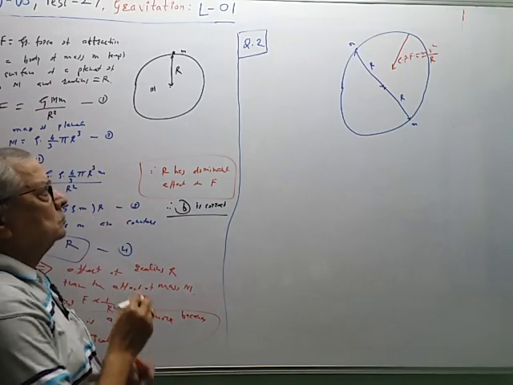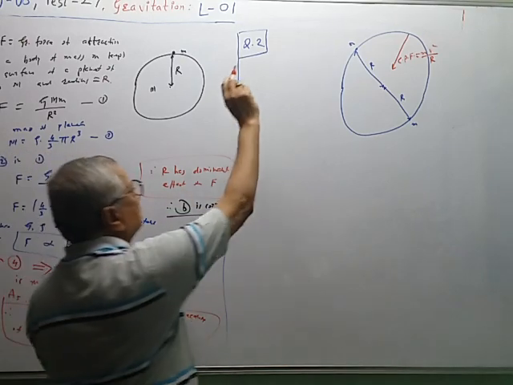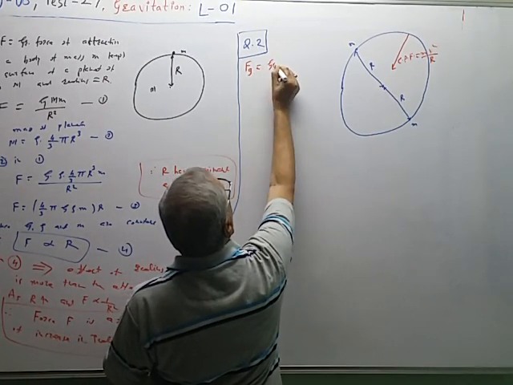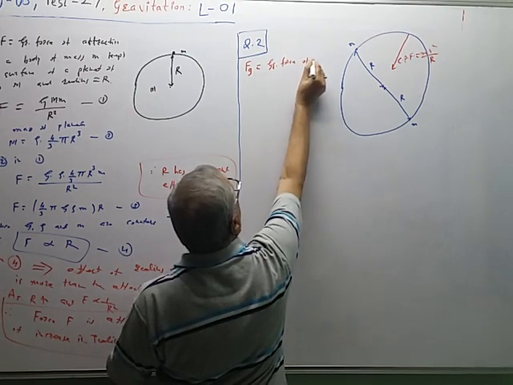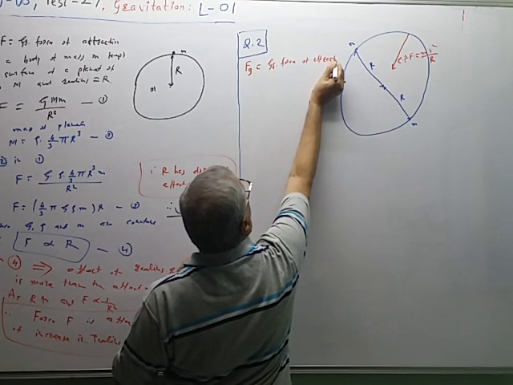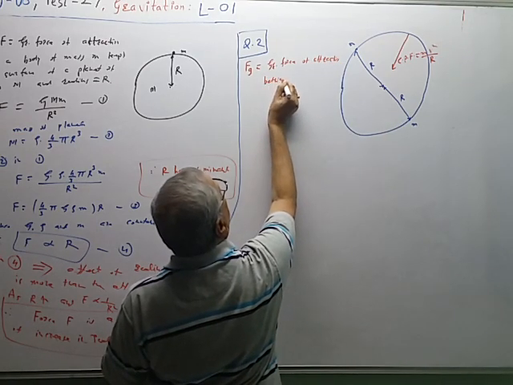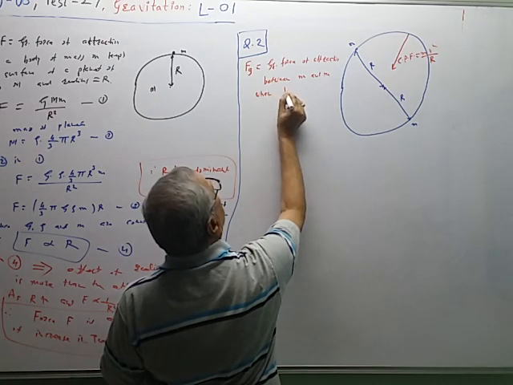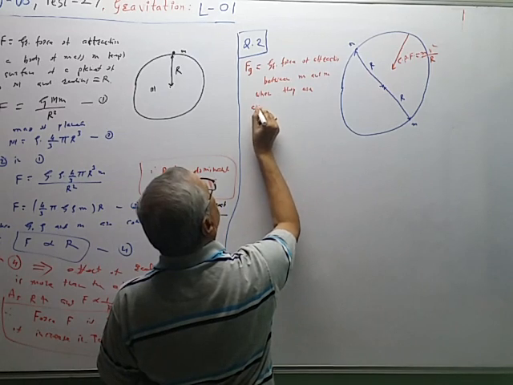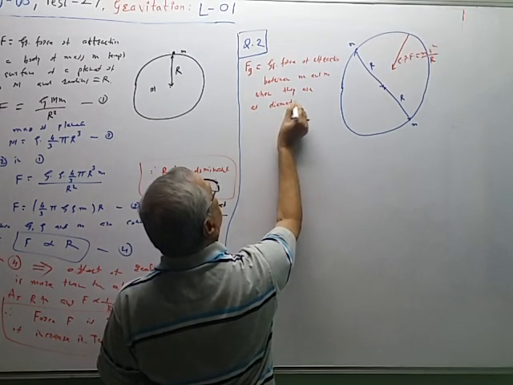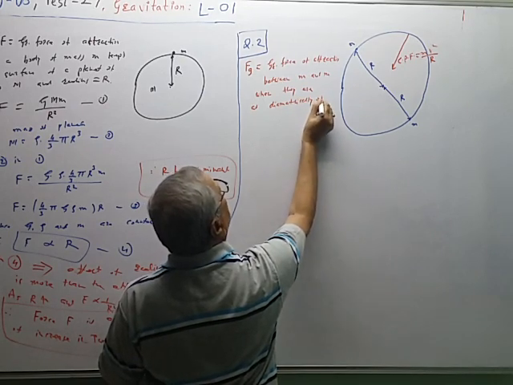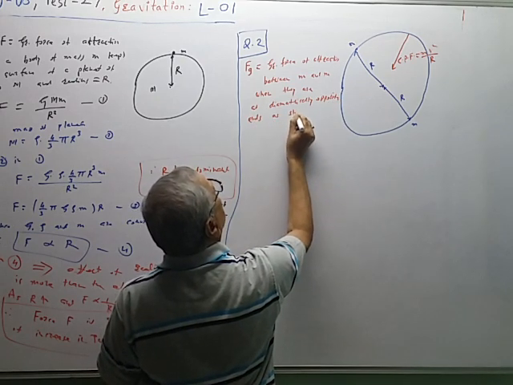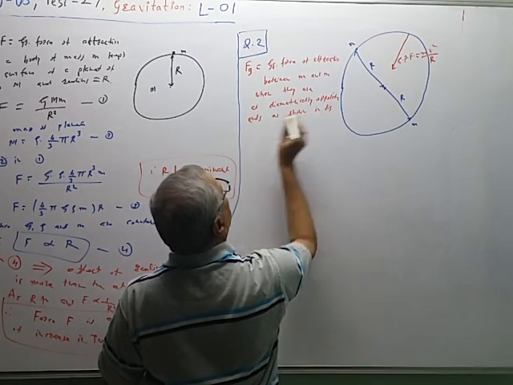So Fg is the gravitational force of attraction between m and m when they are at diametrically opposite ends as shown in figure.